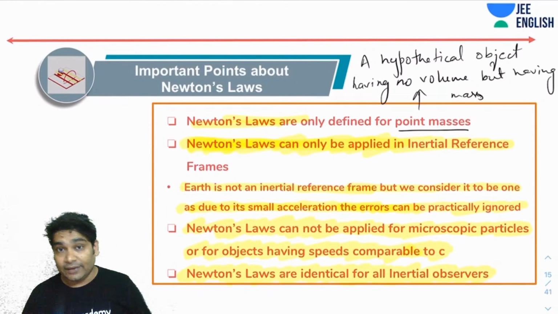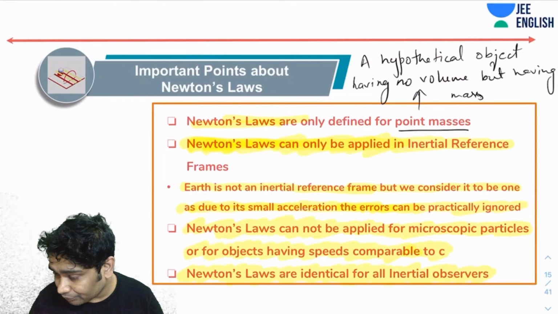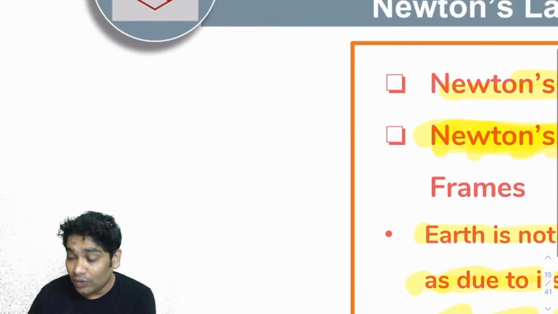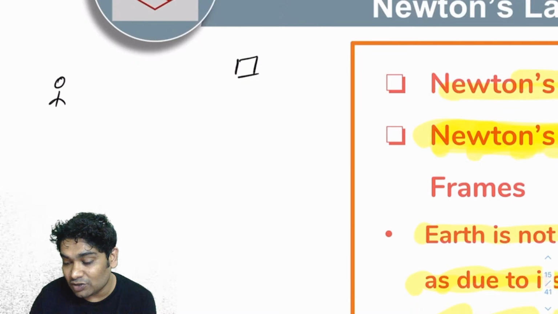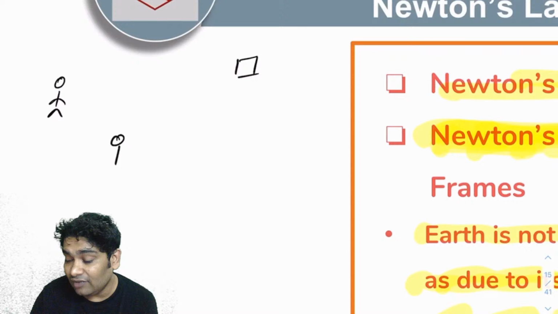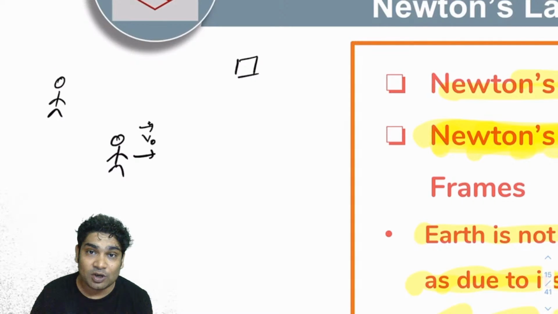Now let me tell you one thing. When you're looking at a body, if two observers were looking at the body, and one observer was at rest and one observer was moving with a constant velocity v observer, both are inertial observers.